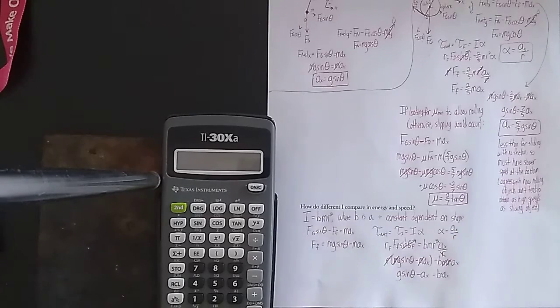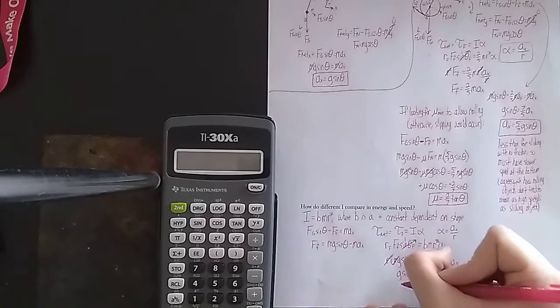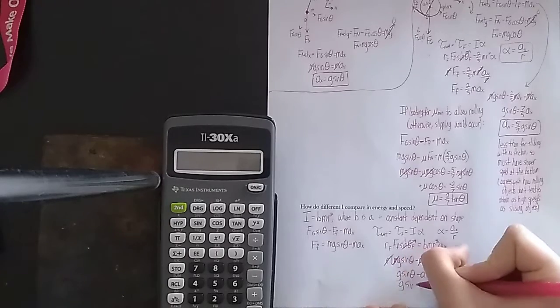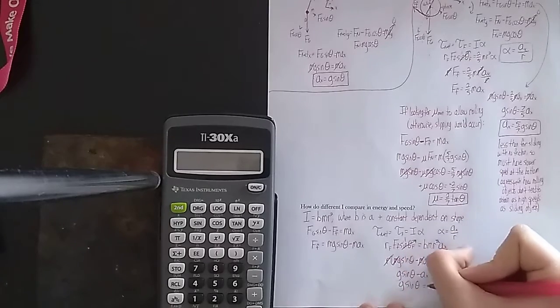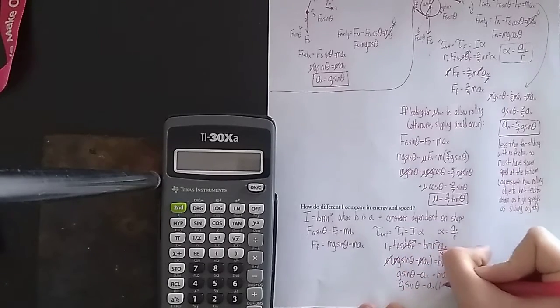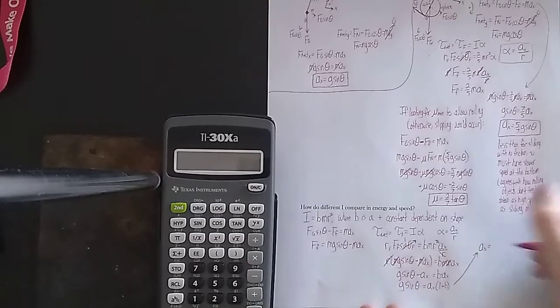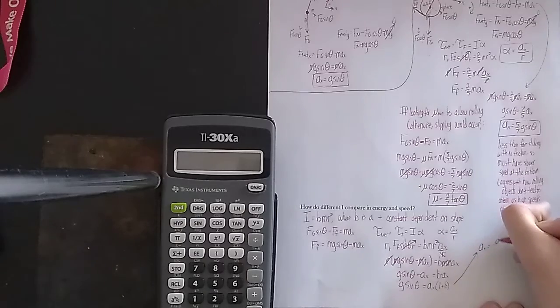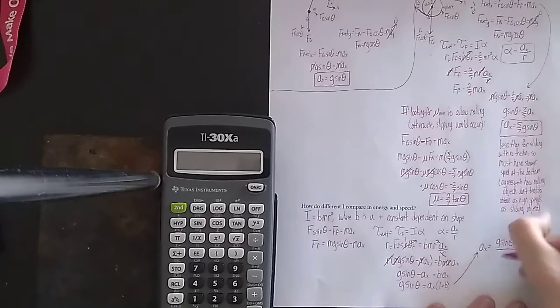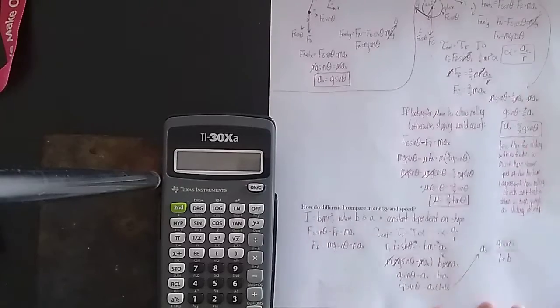I bring my ax over to the other side and I pull it out. I end up with this: g sine theta equals ax times 1 plus b. I'm left with the acceleration of the object as it rolls down the ramp, no matter what it is, equal to g sine theta divided by 1 plus b.